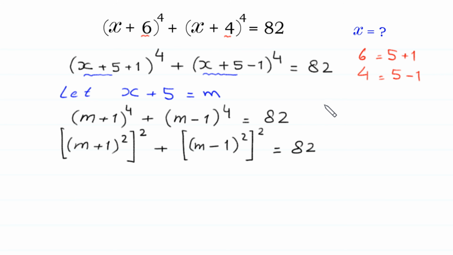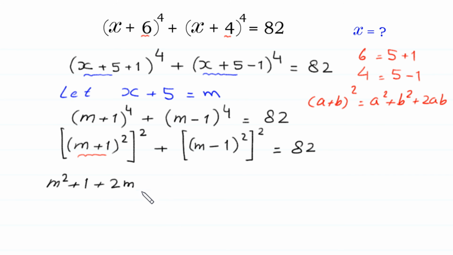Now according to algebraic identity, (a + b)^2 is equal to a^2 + b^2 + 2ab. This (m + 1)^2 is equal to m^2 + 1 + 2m, whole squared.